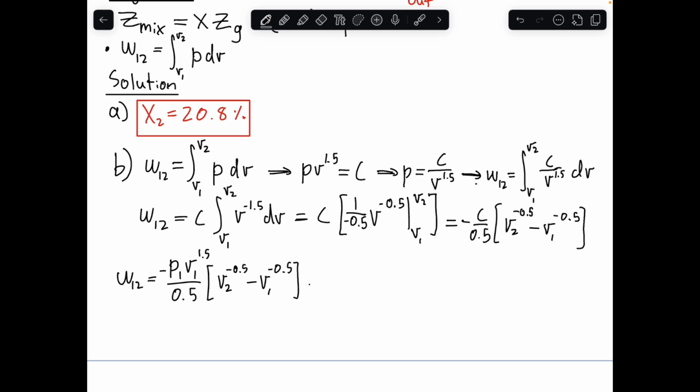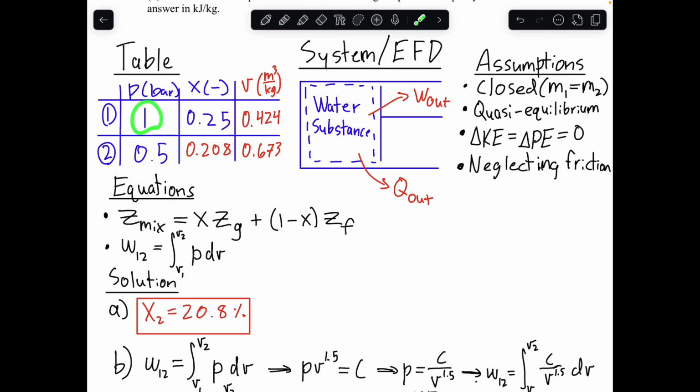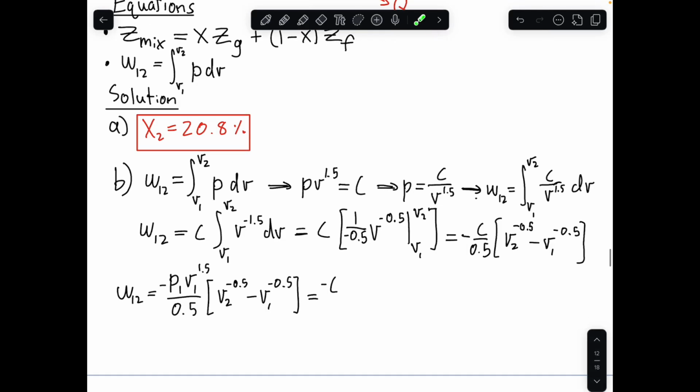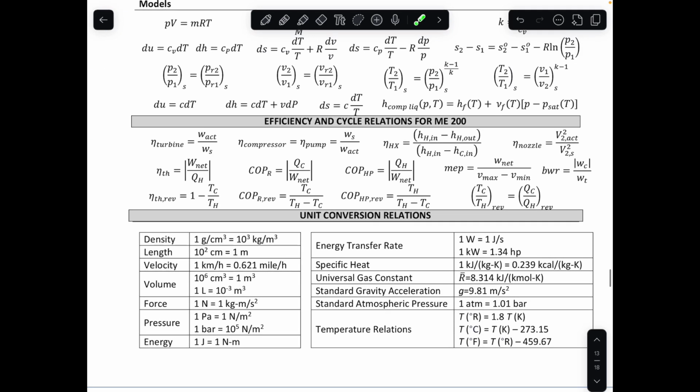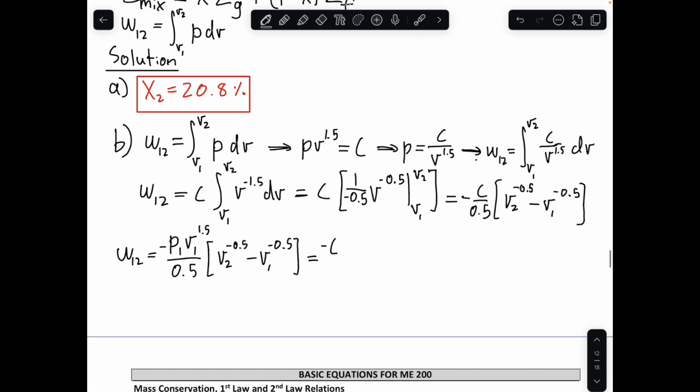And so plugging in our numbers, we get a negative P1 here is 1 bar. But we don't want to use bar here. We want to use a standard unit. So remember, we have in our equation sheet some conversions. 1 bar is just equal to 10 to the 5 newtons per meter squared, which is the same as a Pascal. So 10 to the 5 pascals for a bar.